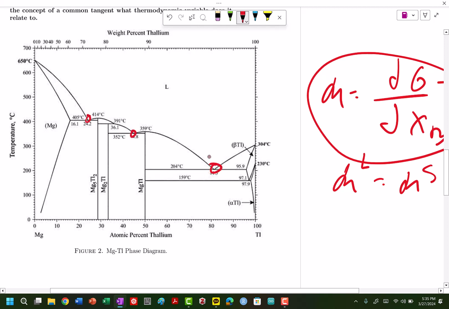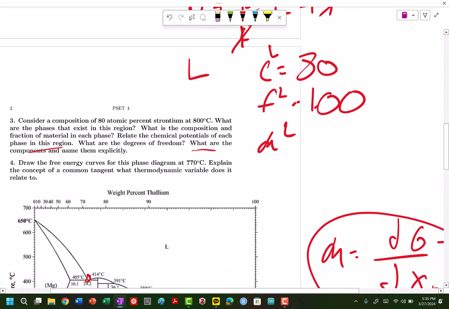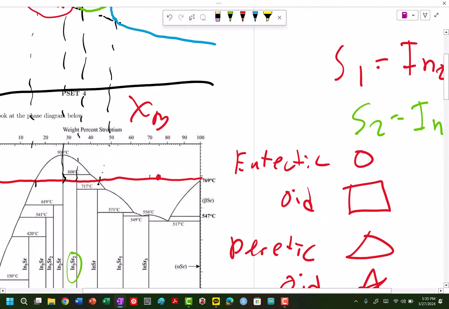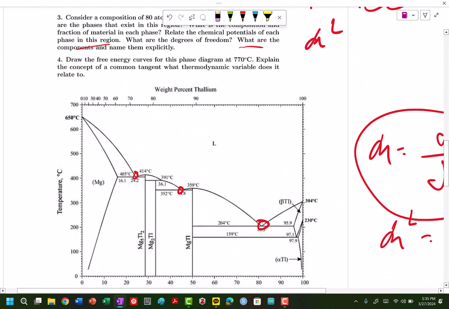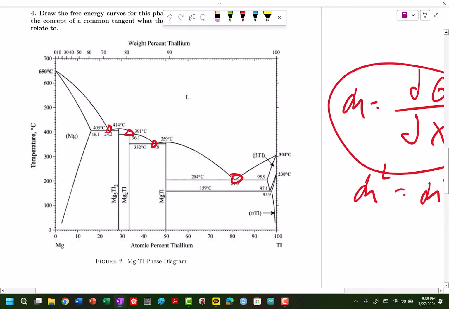I believe those are all the eutectics, which is fantastic. What else? What was our symbol for peritectic? Peritectic was a triangle. So if I see a triangle here, fantastic. What else do we got?